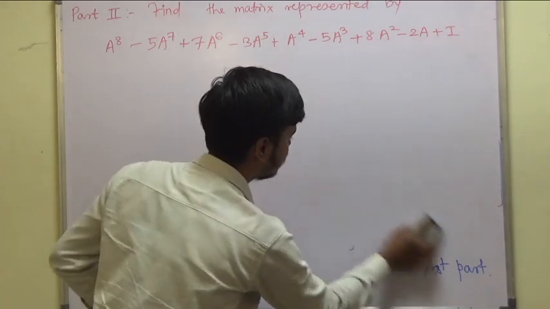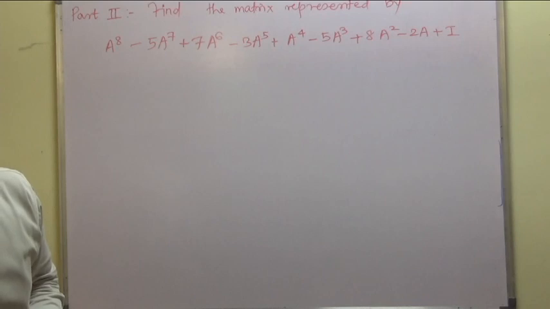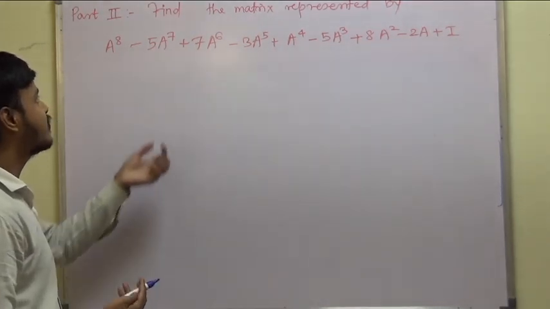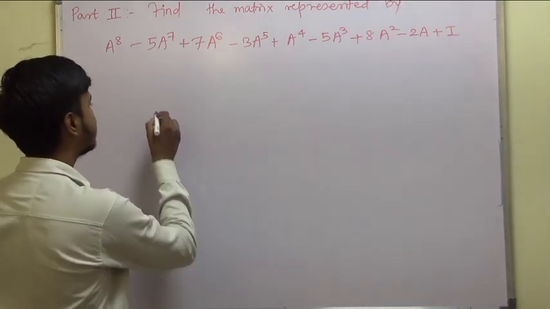Okay, so to reduce this polynomial into lower degree, what we need to do is divide this polynomial by equation number 2.